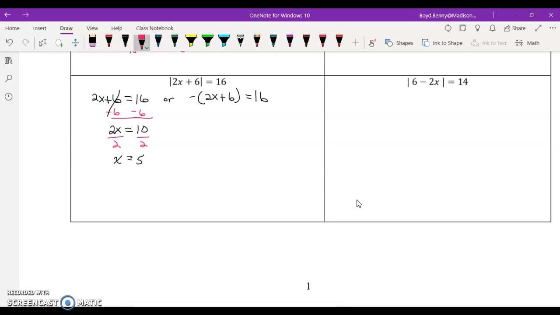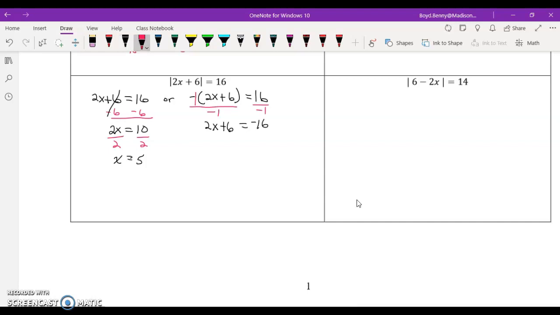All right, in the second equation, I notice that there's a negative outside the parentheses, which is a -1. Now, I could choose to distribute, but I think a simpler way to tackle this one to begin with is to go ahead and just divide by -1, which is the inverse of multiplying. So that's going to leave me with 2x plus 6 equals -16.